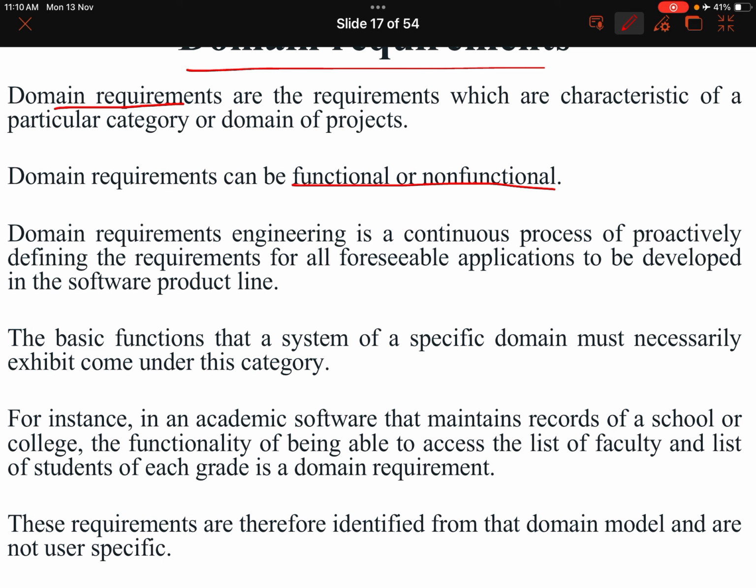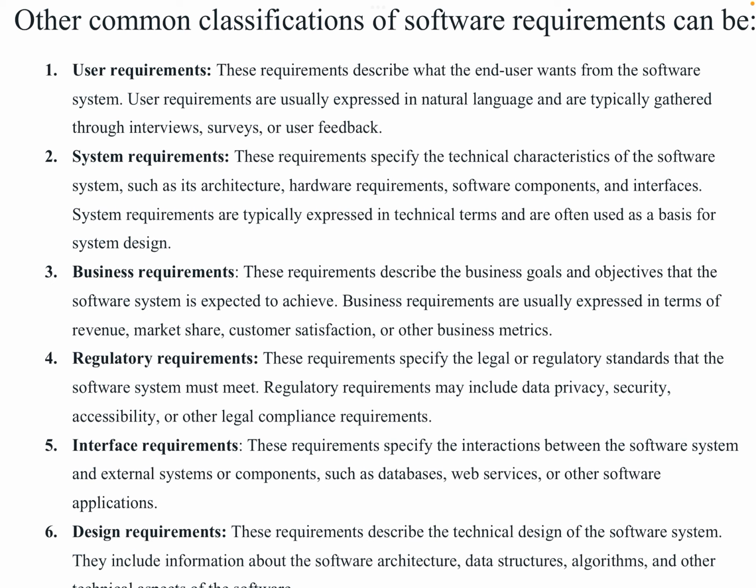The basic functions that a system of a specific domain must necessarily exhibit come under this category. For instance, in academic software that maintains records of a school or college, the functionality of being able to access the list of faculty and the list of students of each grade is a domain requirement. These requirements are identified from the domain model and are not user specific.